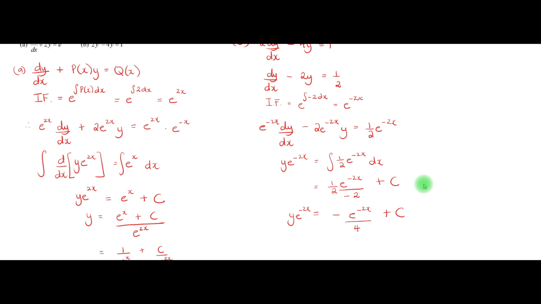And then I'm going to go ahead and make y the subject by dividing through by e to the -2x. And if I divide this by e to the -2x, the e to the -2x will move to the top and the sign changes, so c e to the 2x. And that's your answer for B.